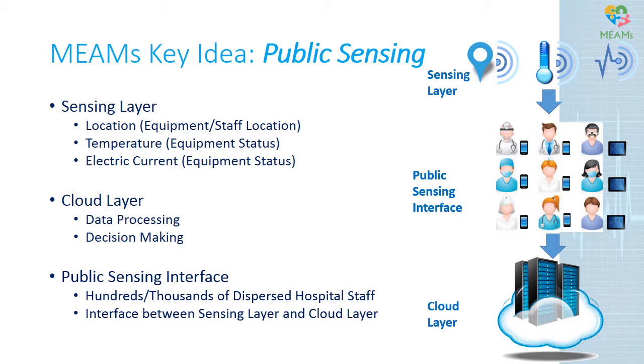Given that the hospital naturally has hundreds and maybe thousands of dispersed hospital staff all across the hospital environment, and they are most probably equipped with cell phones or tablets, we would use their digital equipment and their MEMS application to interface between the sensing layer and the cloud layer. So essentially we now have an infrastructure of people rather than an infrastructure of hardware.